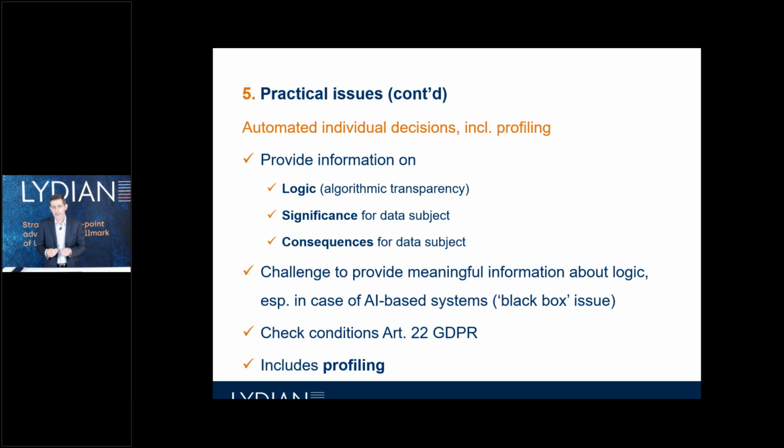So, for example, a lot of companies in the banking sector are using online systems where people can get a credit approved simply online. Often this is done through algorithms. So algorithms decide on your financial status, decide on whether or not you will receive a credit, and if you receive a credit, what the interest rate will be. Well, you will need to provide some information to the data subject on how this algorithm exactly works and what it means, including its consequences, to the data subject.